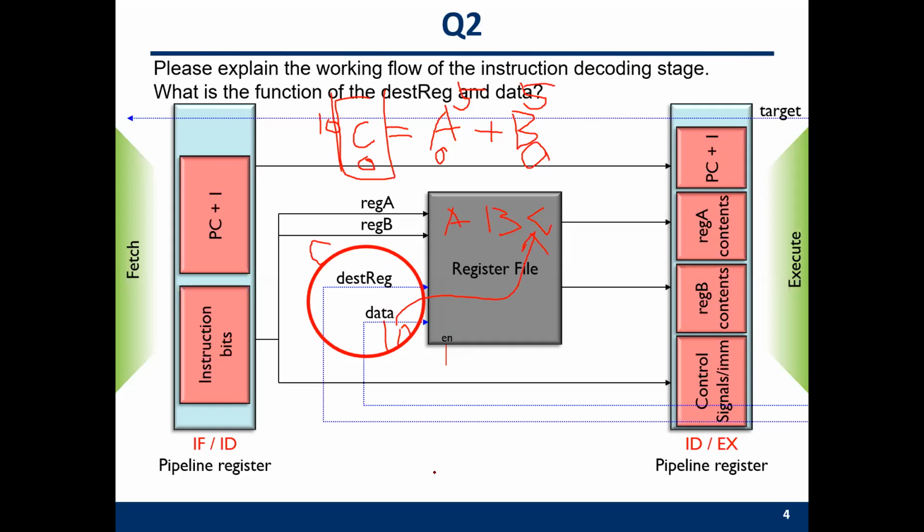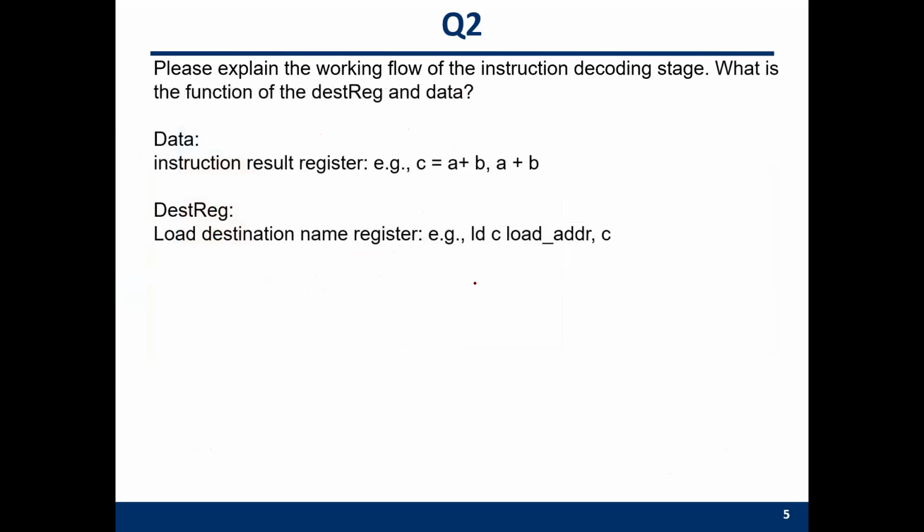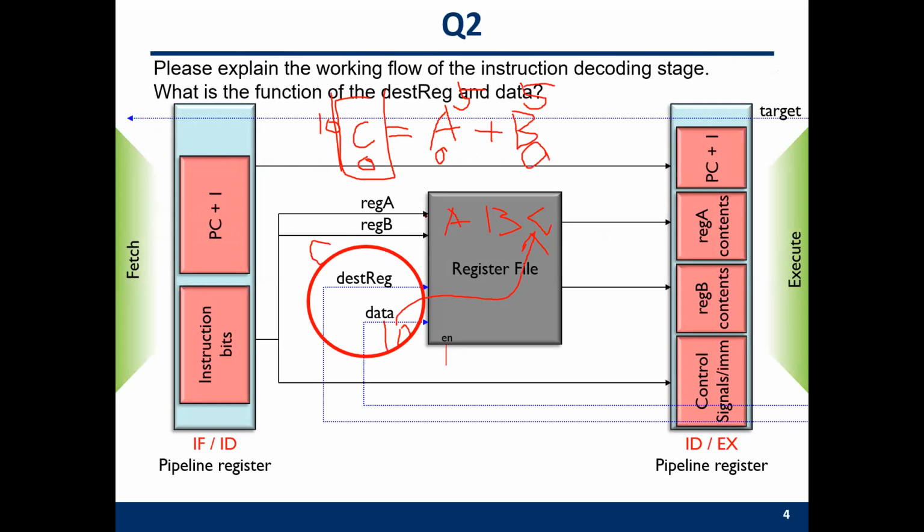So this question is about the write back. You just write the value back to the register C. And here I also give you another operation, which is a load.